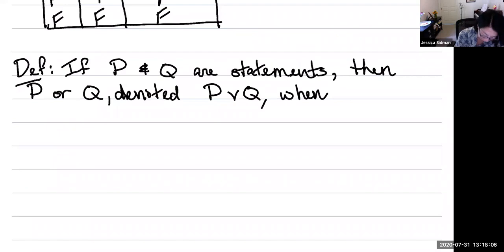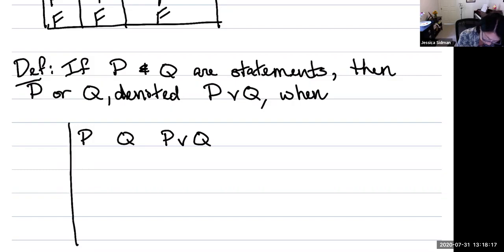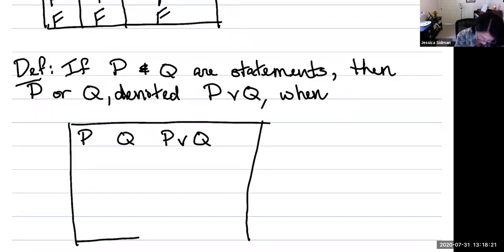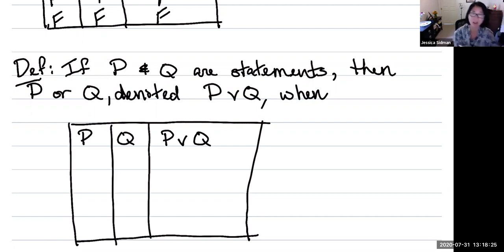I'm going to have a column for P, a column for Q, and a column for P or Q. And I'm going to write the truth table, and then let's see if we can work out the words that go along with this that describe what I'm saying in the truth table.